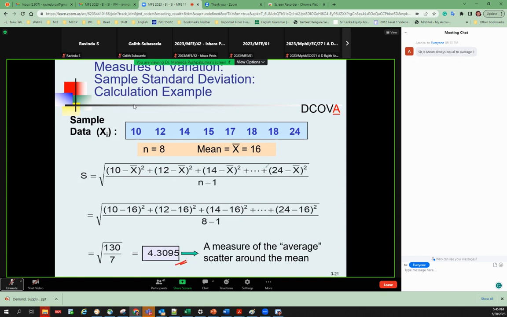All the steps are given. First, you have to calculate the mean value and the number of observations. Then please check whether you can get the same answer. I'll give you maybe 5 minutes.